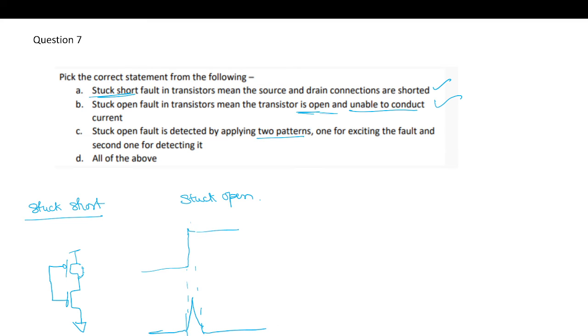But when there is such a defect, when the short path comes, if this is always on, in the place where it has to be off, the current will remain high. This will be the IDDQ current.